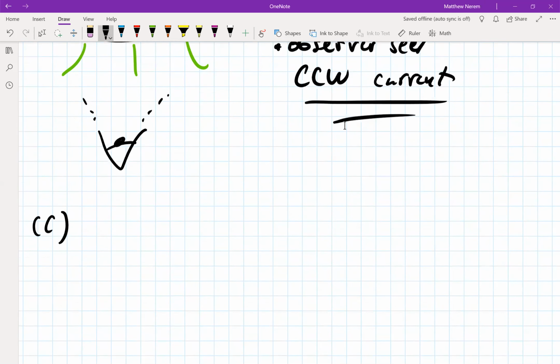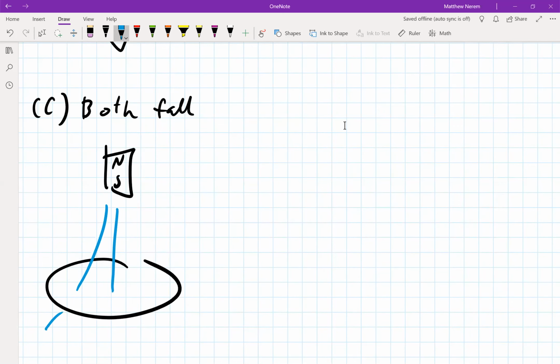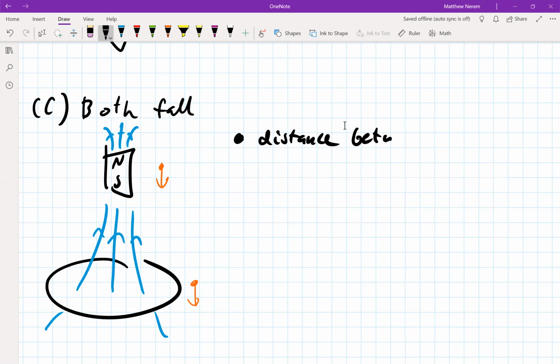And we'll go on to our final case, C. Both are falling. I hope it's pretty obvious, but I'll go through in detail anyway. North, south. Here's our loop. So here's what we observe. The distance between magnet and loop doesn't change.